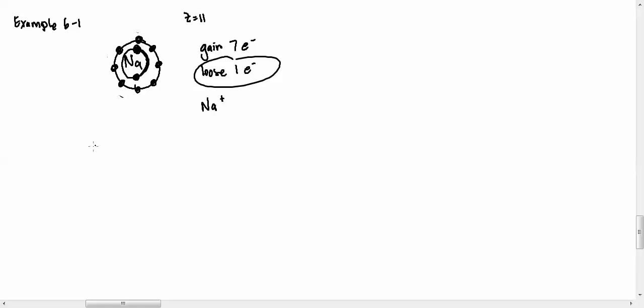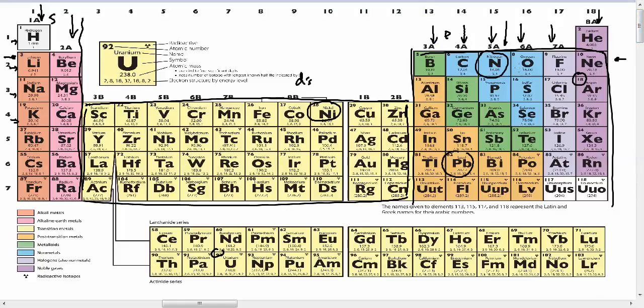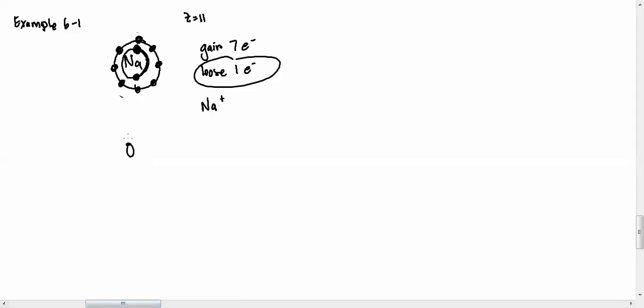Now, let's talk about oxygen, O. And oxygen has an atomic number of 8. Okay, so let's draw that out. So oxygen has 8. So he goes 1, 2, 3, 4, 5, 6, 7, 8.